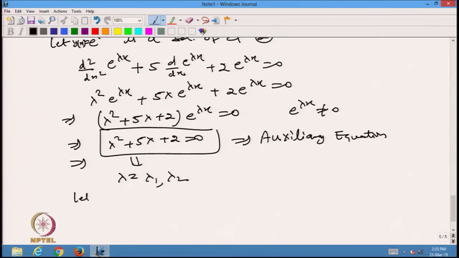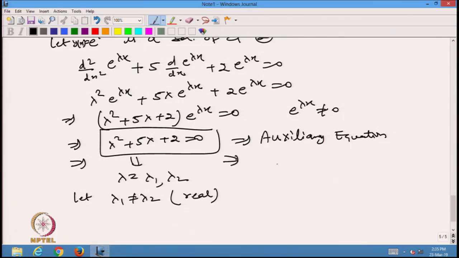Let me assume that λ1 is not equal to λ2, and they are real, because we can solve this very easily.